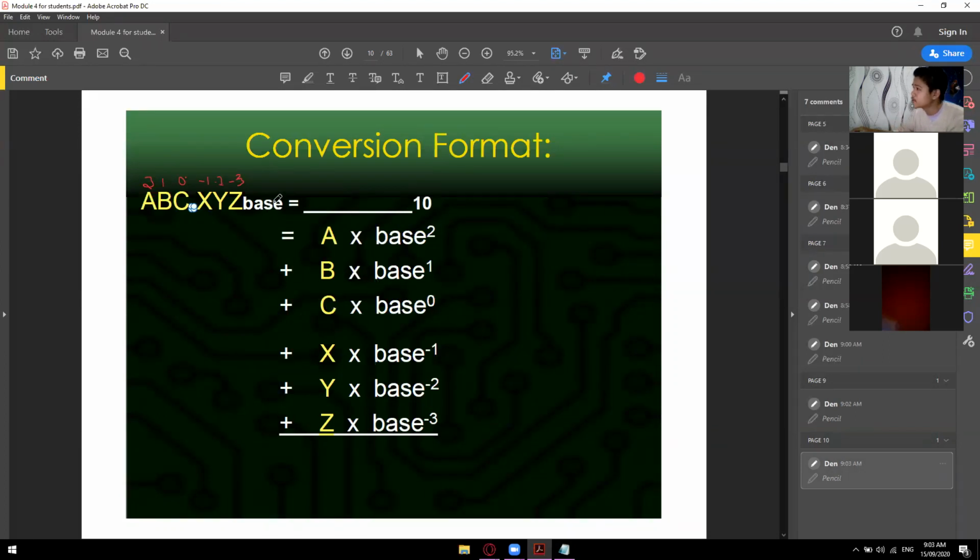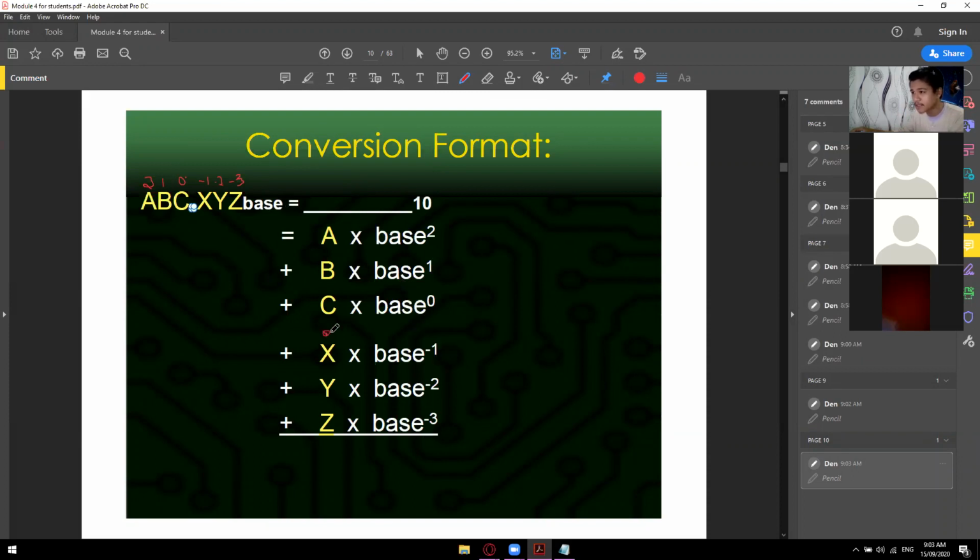So kung ano man yung base nito, so pwedeng 2, pwedeng 3, 4, 5, 6, 7, 8, 9, 10, hanggang 16, or pwedeng 20. Okay, so depende kung ano yung base na to. So kung 5 to, yung base niya is 5, so 5 raised to 0, 5 raised to 1, 5 raised to 2, 5 raised to -1, and so on and so forth.